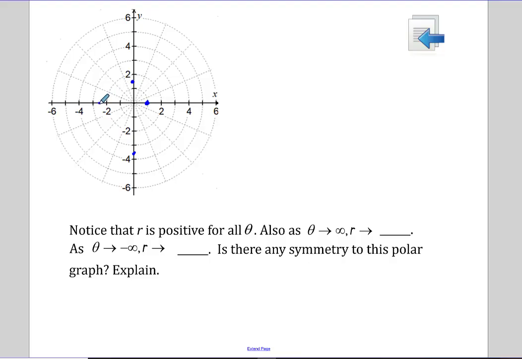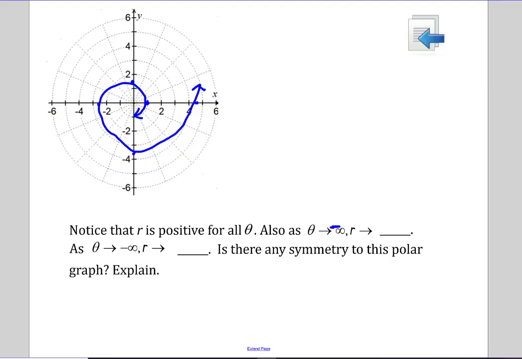This is 2.4, almost 5. So our spiral goes around like such. Now here's what happens if I had my calculator. You can do this and you can double check. Notice that r is positive for all theta, so as theta goes to negative infinity, this should be negative infinity.